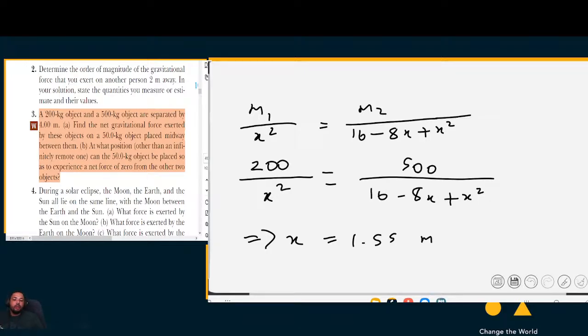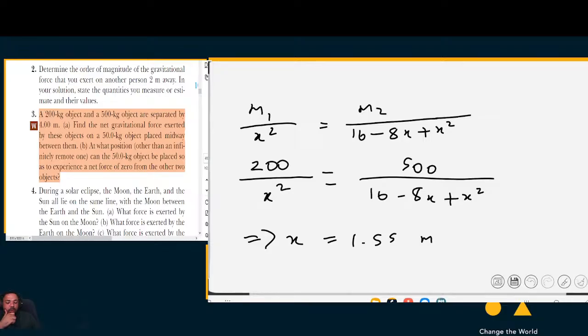That means that the 50 kilogram ball must be placed about 1.5 meters from the 200 kilogram object. We can actually test that. If we plug 1.5 into our original forces and calculate the force between this 50 kilogram ball and the 200 kilogram ball, you'll get a force.